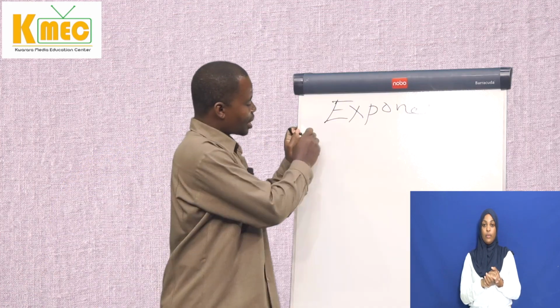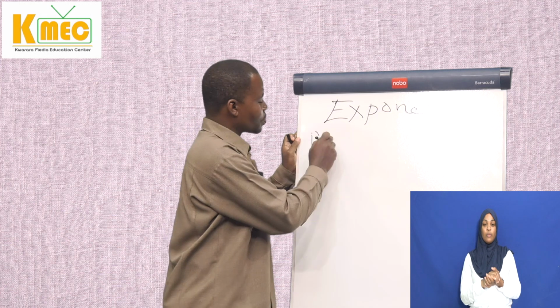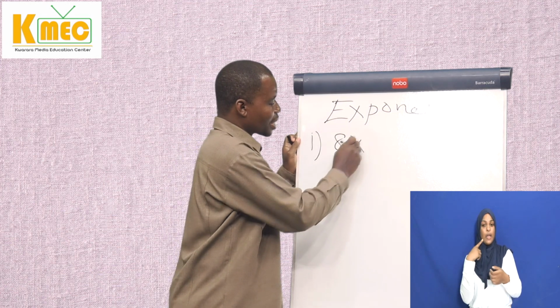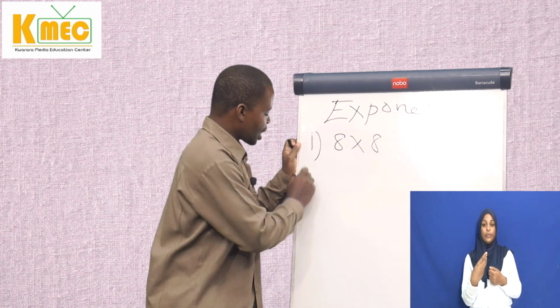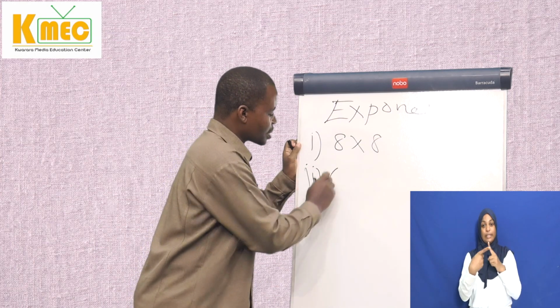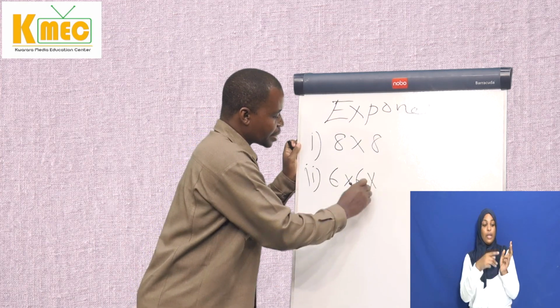Okay, can you tell me, how many times does each number multiply by itself? Well, we can see here for our 3 examples, this is 8 times 8. And our second example is 6 times 6 times 6.